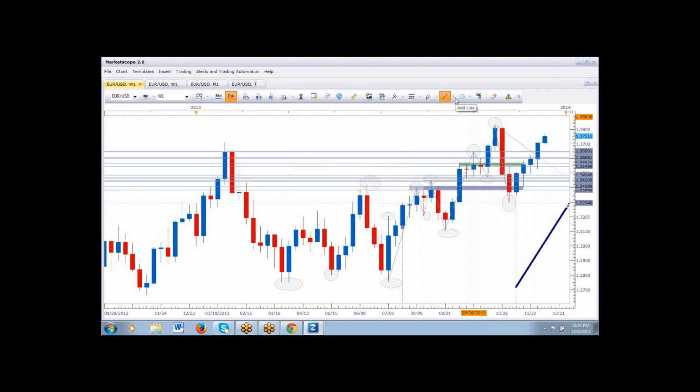Okay, making it cleaner. Headline, high to low. Nothing. One straight movement. Too small. 1.